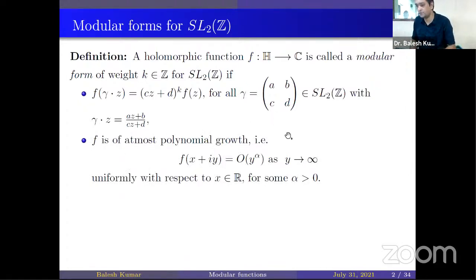If the imaginary part goes to infinity, the behavior of the function should be bounded by a polynomial in y to the power of some constant alpha.